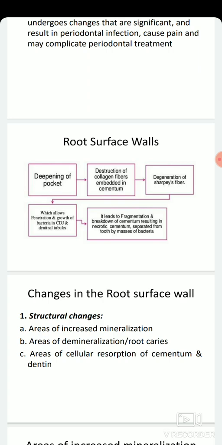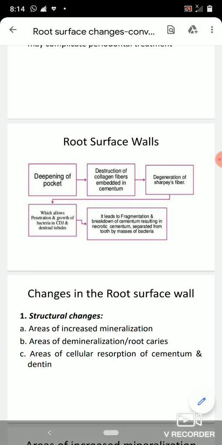Viable bacteria have been found in the roots of 87% of periodontally diseased teeth. Bacterial penetration into the cementum can be found as deep as the cementodentinal junction, and it may also enter the dentinal tubules, causing dental caries many times.